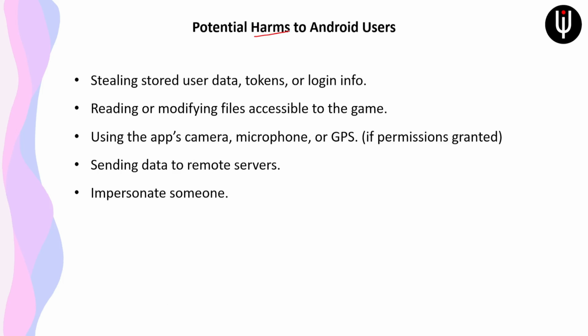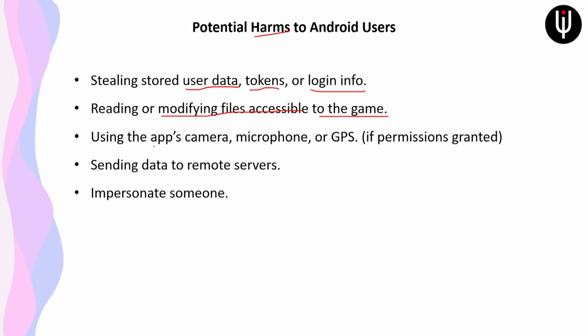Now, what are the potential harms of this? They can steal users' data, different tokens, or login info. They can take all of this. They can modify your game files. For example, if you have a game where you are storing users' progress in a text file, in that case the attacker's code might update the text file.